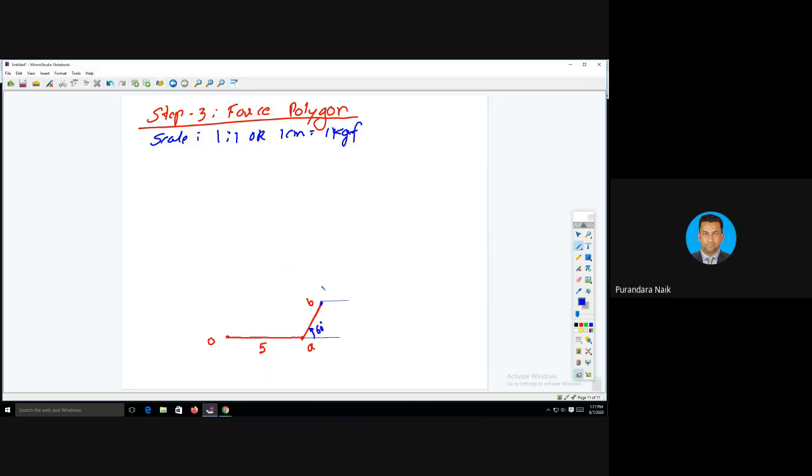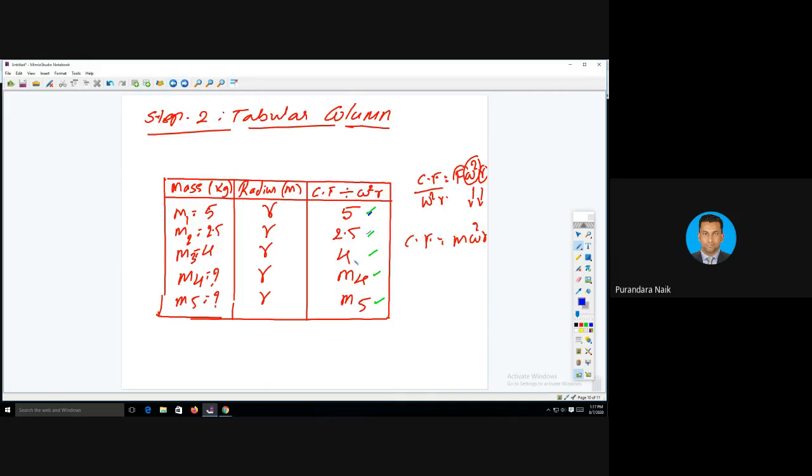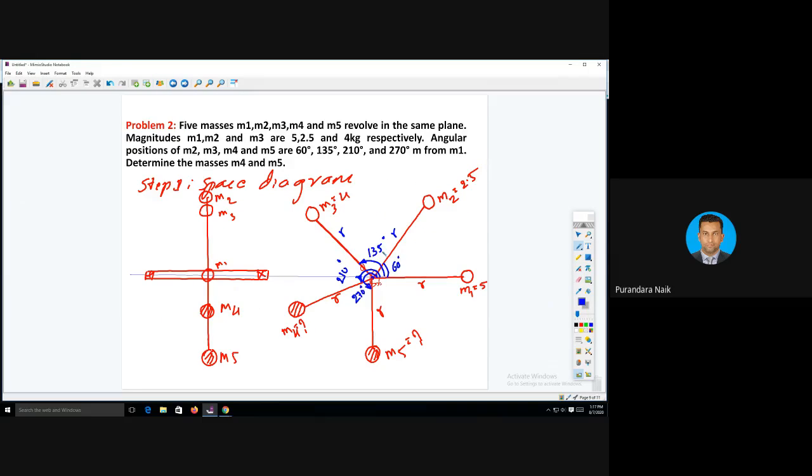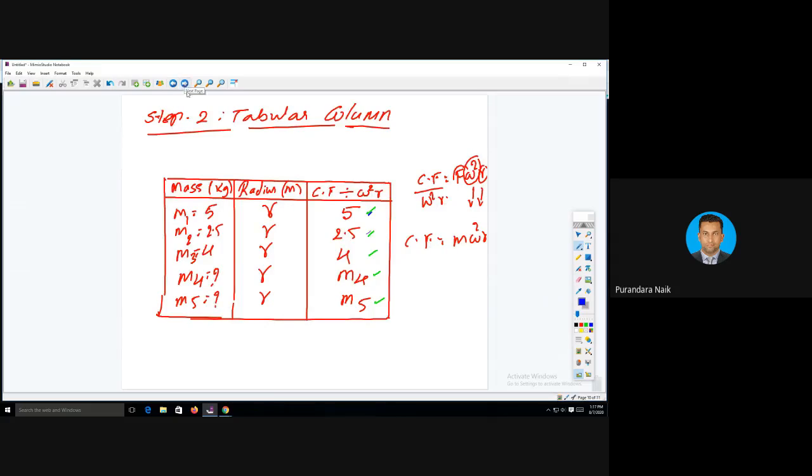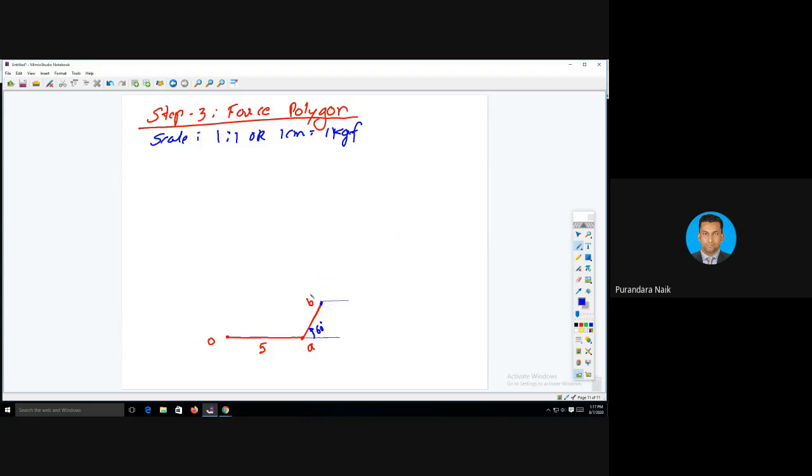Now M3: the value of force is 4 kg, which means it will be 4 centimeter. But the angle of M3 is 135 degree from the reference line. Measure 135 degree from here, with a length of 4 centimeter.